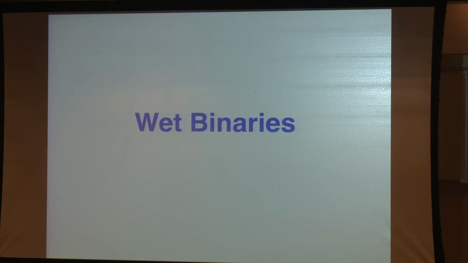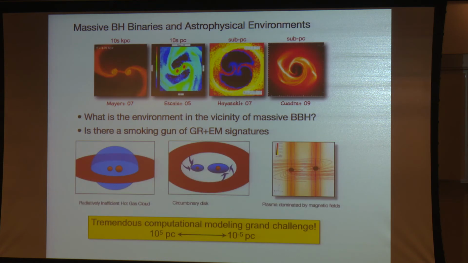So really quickly, with wet binaries, now what I'm saying right now might be a lie, but as far as I know, when we put these binary black holes in a wet environment, the gravitational waveform itself doesn't change, right? Because you have to add a lot of mass before you really start changing how the gravitational wave emission itself looks.